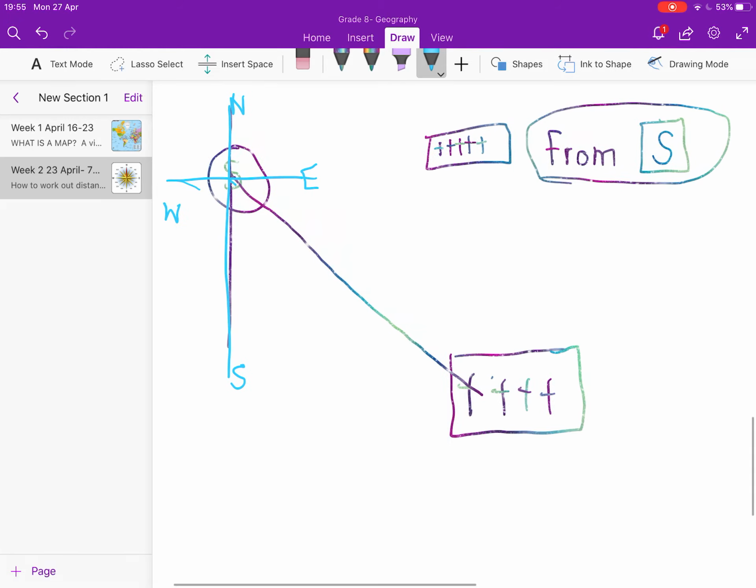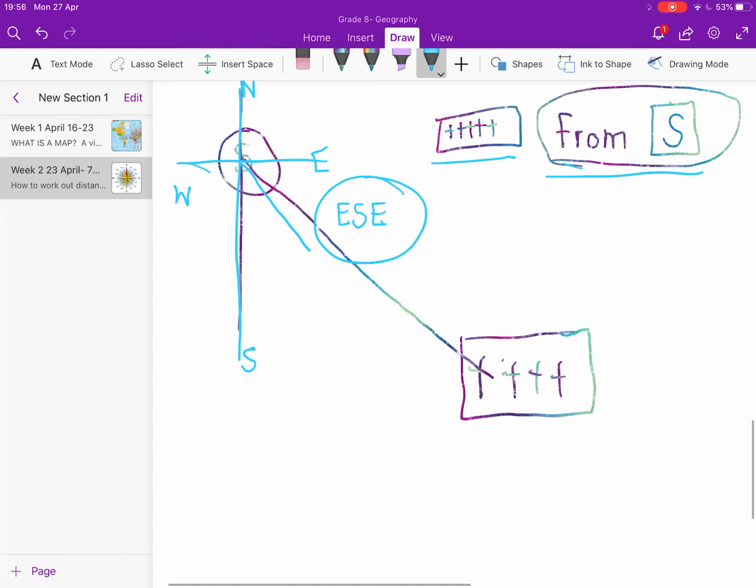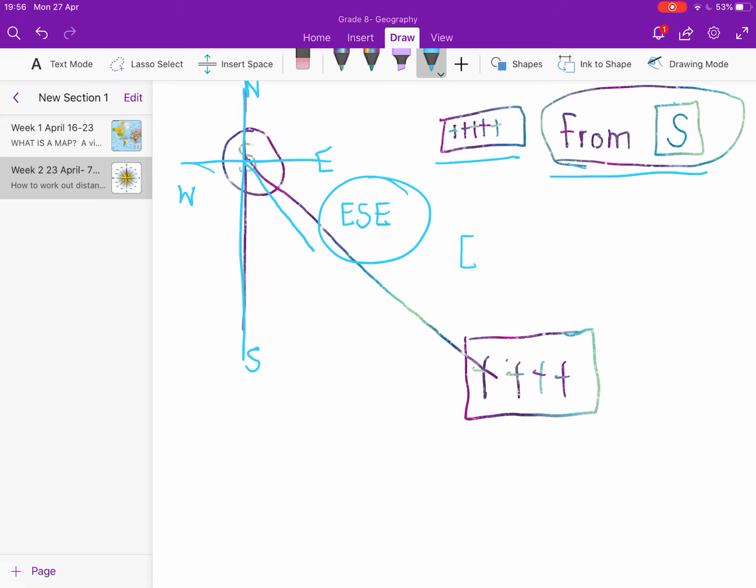Okay, the middle of north and east would be more or less there. So it is not southeast exactly. It lies a little bit before that line. So that direction is known as east, south, east. So our answer for in what direction is the cemetery from the school would be east, south, east.